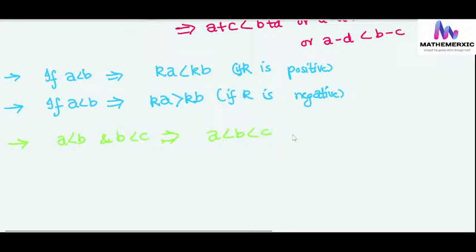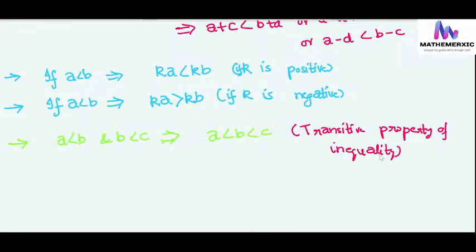So why is it the transitive property? The reason is A is less than B we have written and B is less than C we have done. So if you combine both of them, obviously the same result will follow.